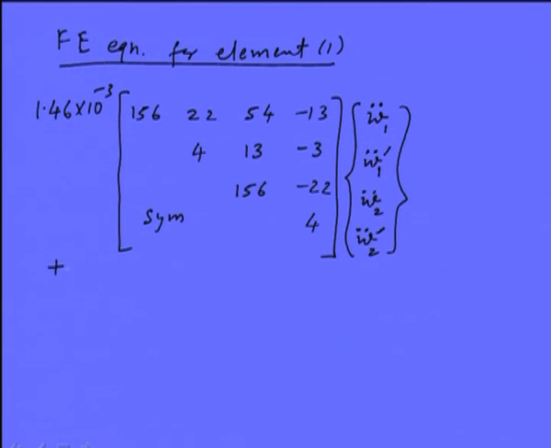Similarly, the stiffness matrix will take this form. This is also a 4 by 4 matrix, and this matrix is also symmetric.